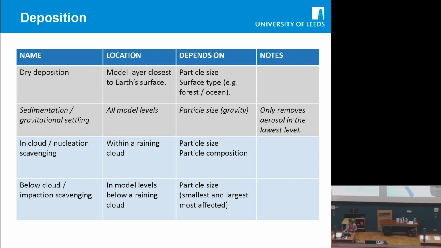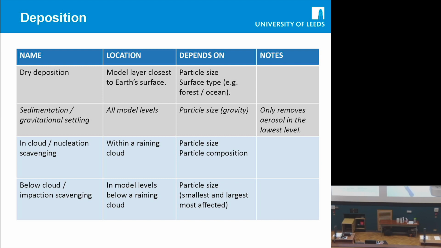And so that's one of the ways that particles might end up being removed from the atmosphere, but there are others as well. So Alex mentioned dry deposition from the perspective of gases, but it's also important for particles, as you can imagine. This is only happening in the layer of the model that's closest to the Earth's surface, and it depends not only on the size of the particles, but also on the surface over which this deposition is happening.